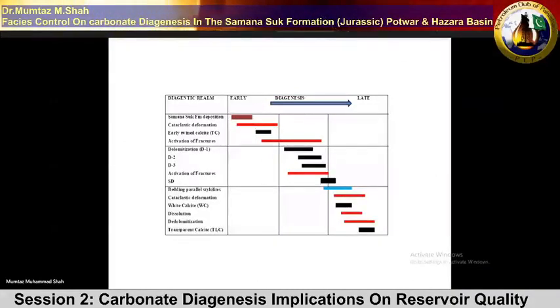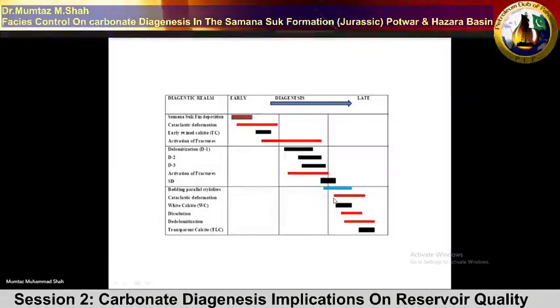A detailed paragenetic sequence has been established, which indicates multiple processes like cataclastic deformation and activation of fractures in the earlier stages, followed by dolomitization during the mesogenetic stage. Then we have bedding parallel stylolites, which are again related to the burial, and then cataclastic deformation, whereas some white calcite.